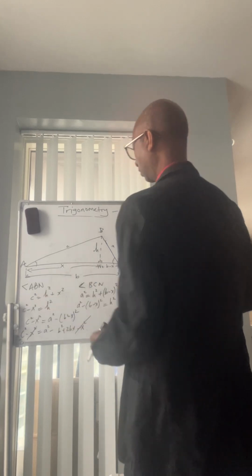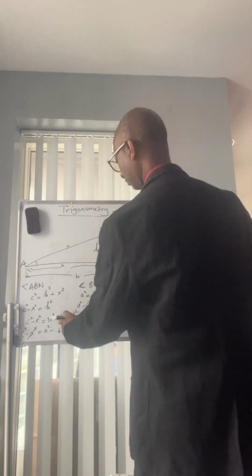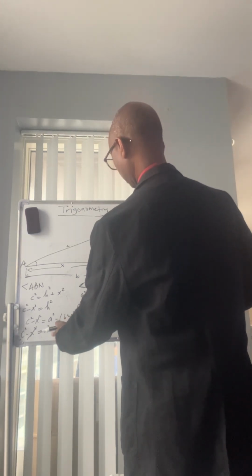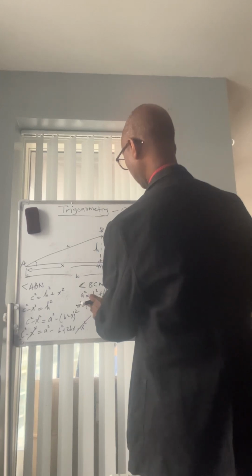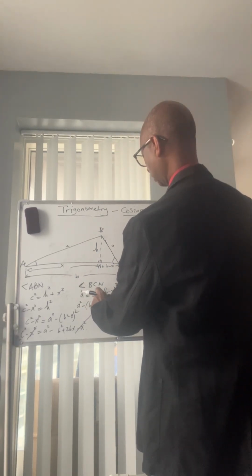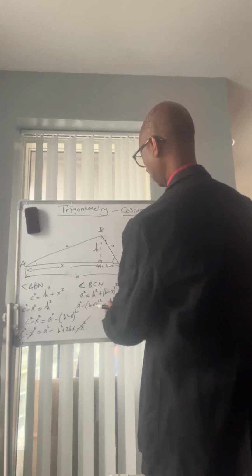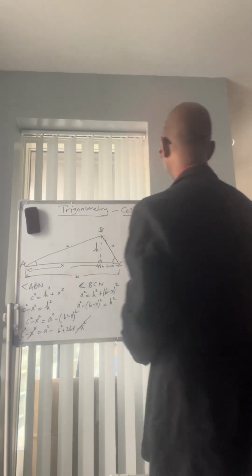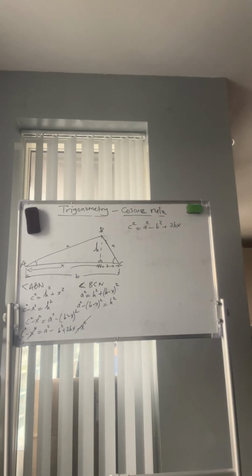Yeah, that's correct. I'm just looking at what I'm having minus b, where this is, you have here again h squared equals a squared minus this. Okay, so let's continue.